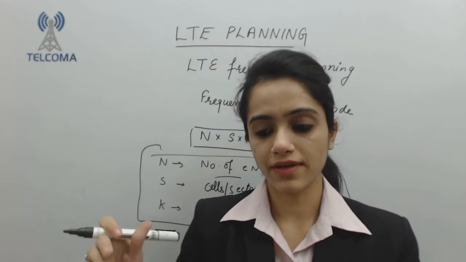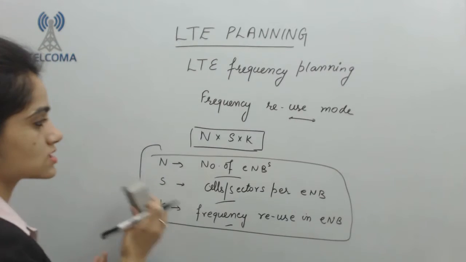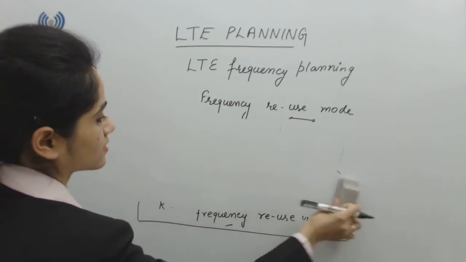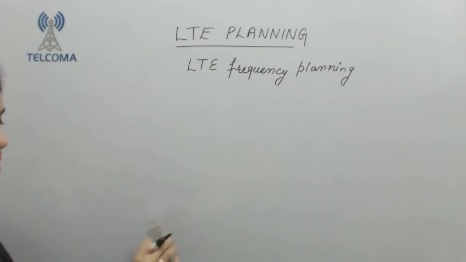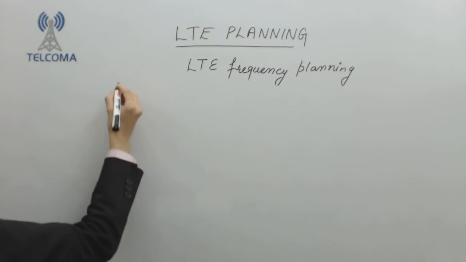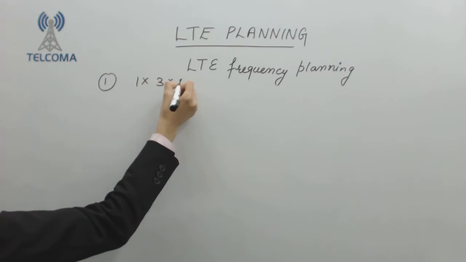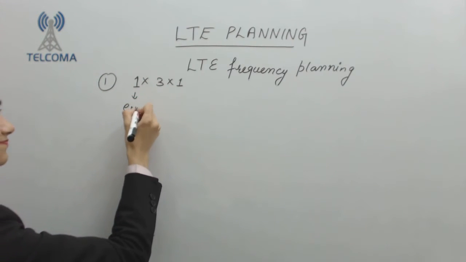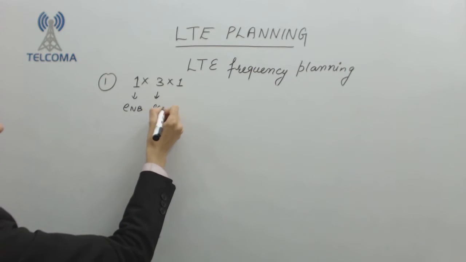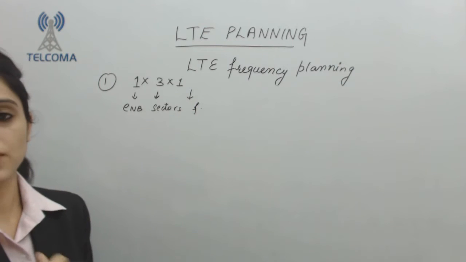Now we have the very first mode, type 1, which is 1 cross 3 cross 1. Now 1 means 1 eNodeB, 3 sectors, and 1 is the frequency reuse scheme.